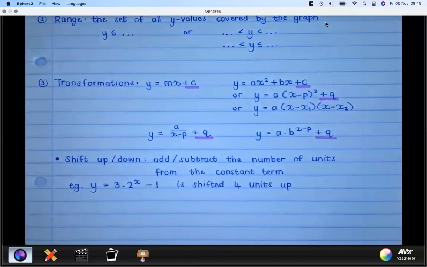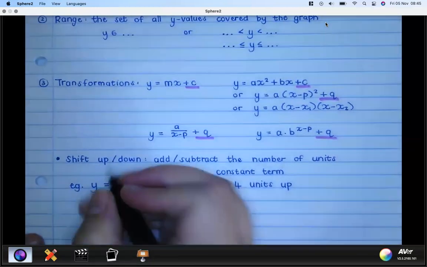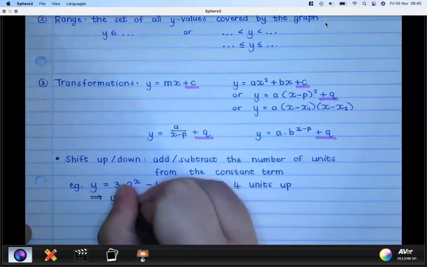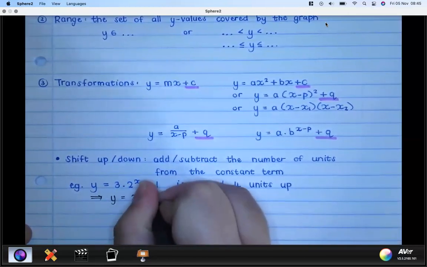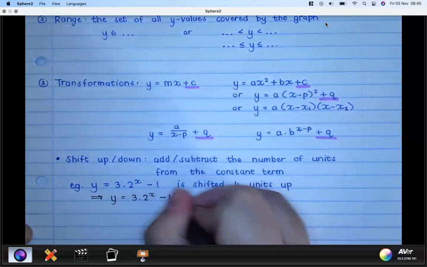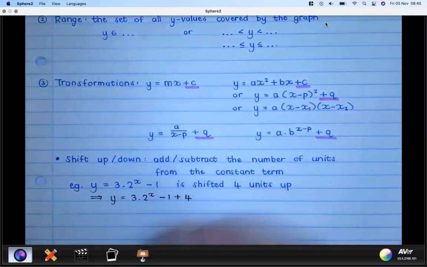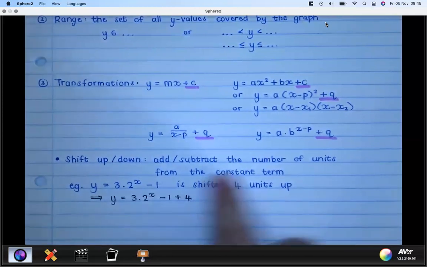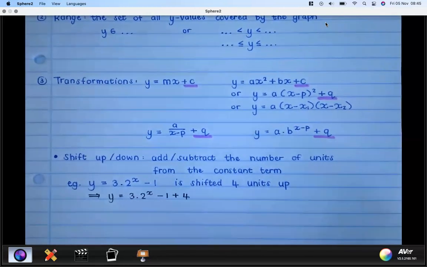Then what is the new equation? If this graph is shifted 4 units up, then the equation becomes y equals 3 times 2 to the x minus 1 plus 4. You literally are just adding 4. And guys, it is adding 4 to the constant term, but you're actually adding 4 to the whole equation, right? Because the whole graph is shifting 4 units up.